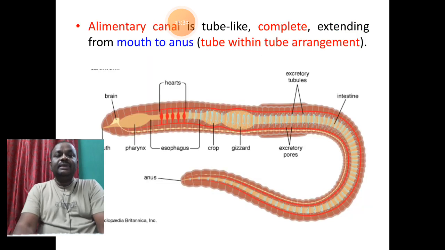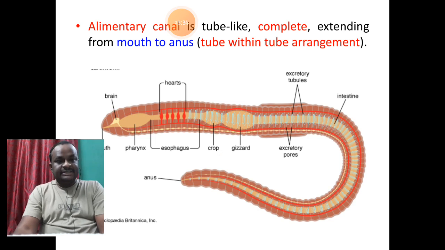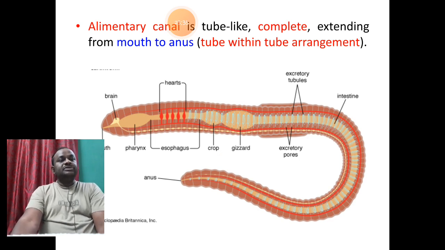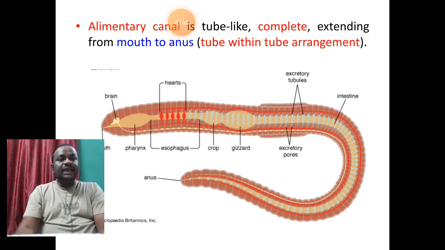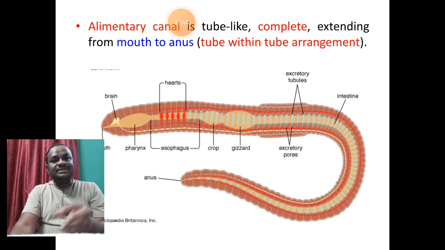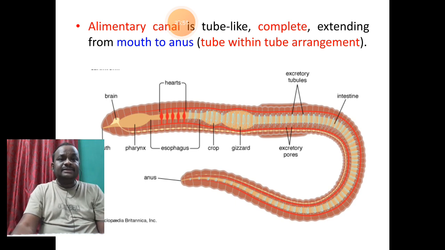Coming on to the next concept, the digestive system. Since we are going to understand the type study in detail, there we are going to understand much about the digestive system of the earthworm. But here you remember the digestive system of all the annelids contains the alimentary canal, which is tube-like and elongated.